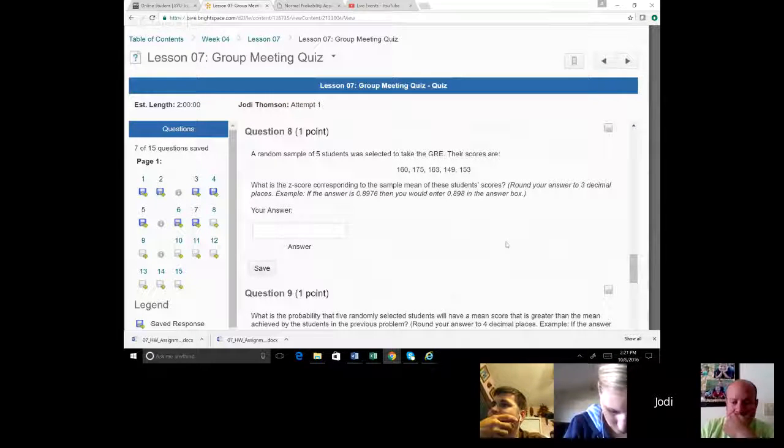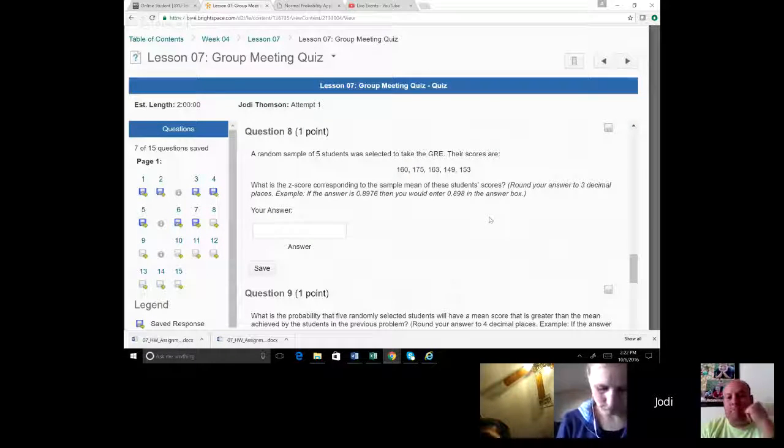So number 8, a random sample of 5 students was selected to take the GRE. Their scores are this. What is the Z-score corresponding with the sample mean? All right. The mean is 160, right? You just add them all up and divide by 5. Yeah. That's how you get it, as long as you did your math right.